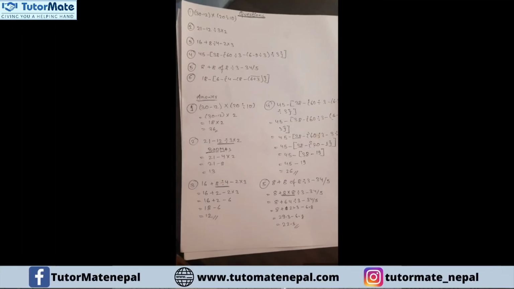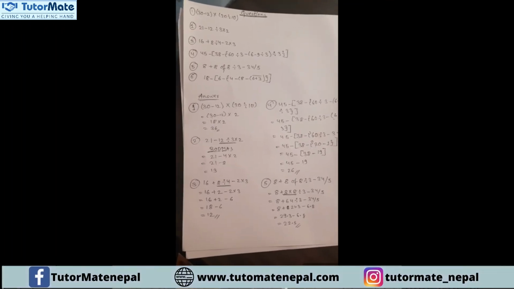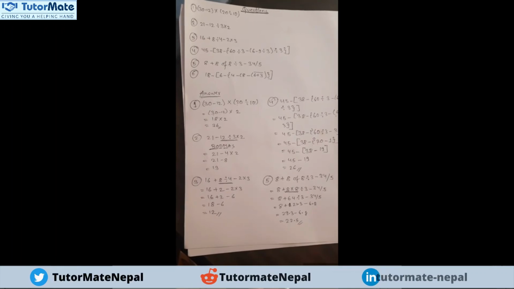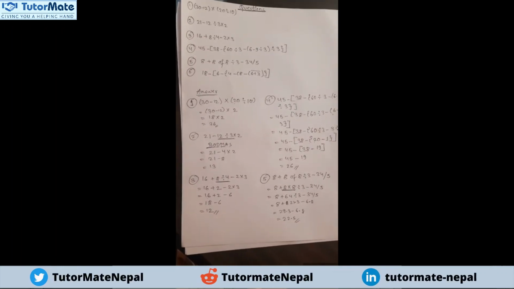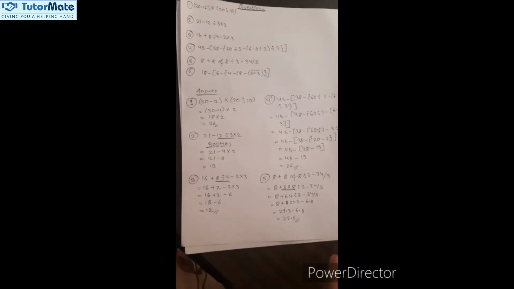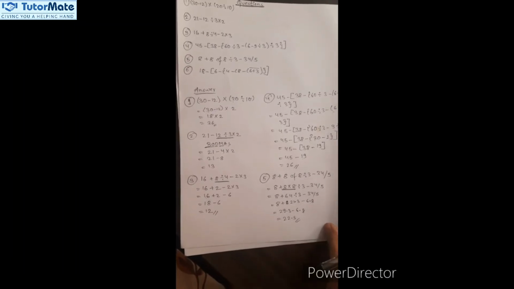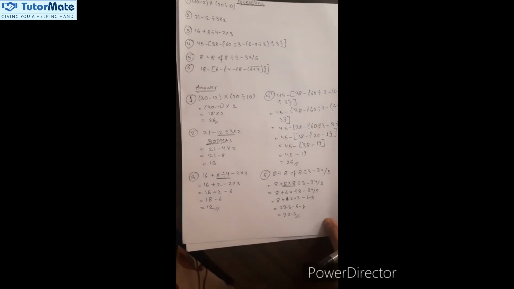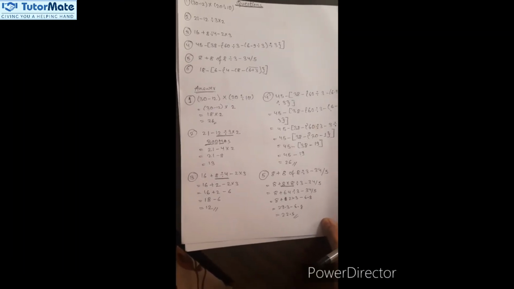This is the final answer of question 5. So these are the questions of the simplifications. Now the last question is left. The last question is a bit tricky. Let's not say tricky, a bit new, and there is one extra logic and concept. So let's get started with question number 6.